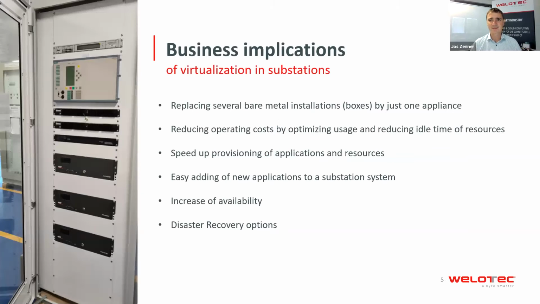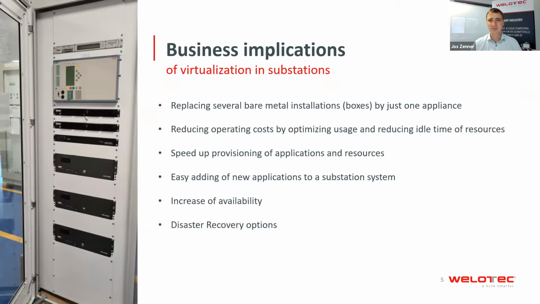So what kind of business implications do you have? With one single hardware that you are seeing on the left side, the three boxes on the bottom, the gray ones, that are substation servers, you can run multiple applications.